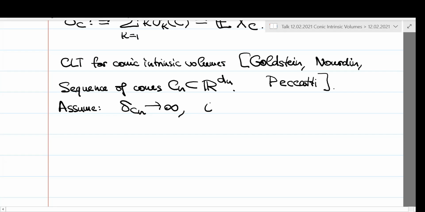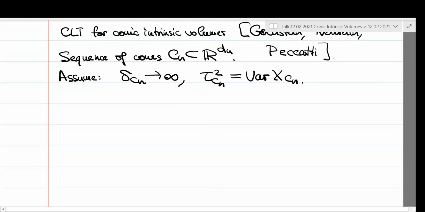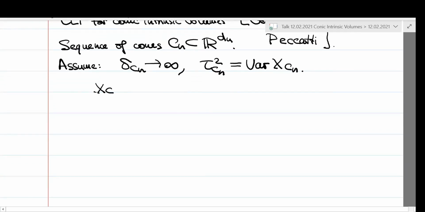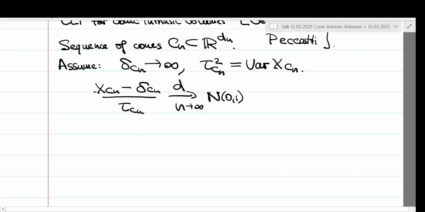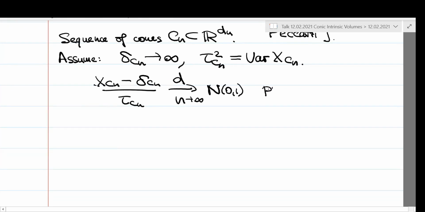Let us also denote by tau squared of Cn the variance of x Cn. Then x Cn satisfies a central limit theorem. We normalize by subtracting the expectation and dividing by the square root of the variance, and as n goes to infinity, this converges in distribution to the standard normal distribution, provided some minor condition holds.